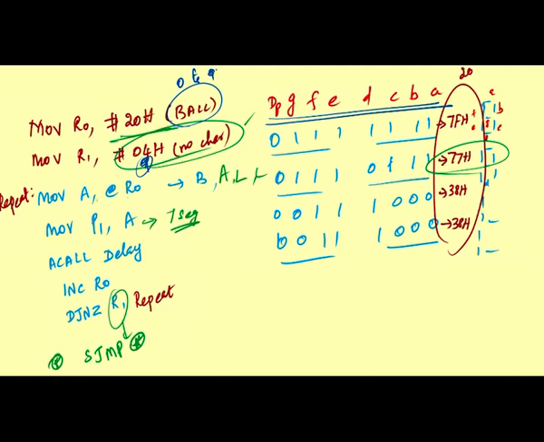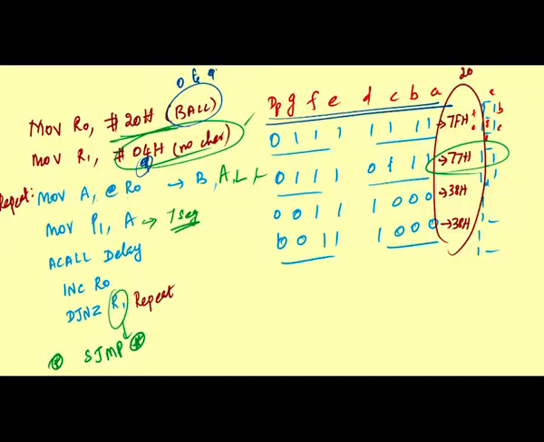Then you use the call delay, because at least a minimum delay you have to give, otherwise you cannot see the character, because the execution time of the microcontroller is very fast. Okay. So, if you initialize the delay, you can see the text B on your 7 segment display.